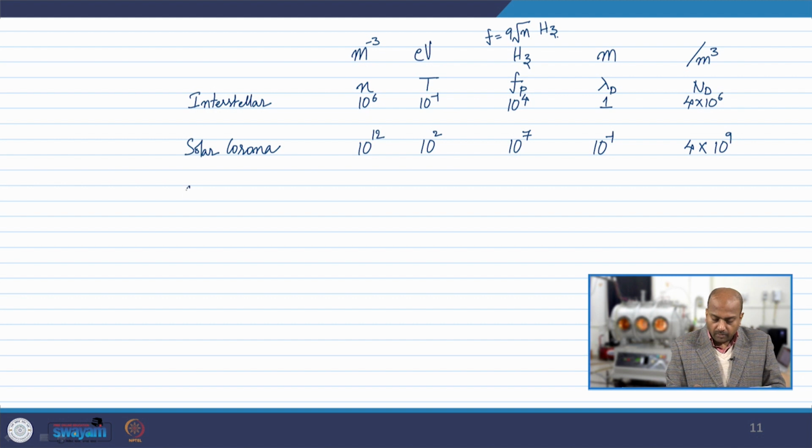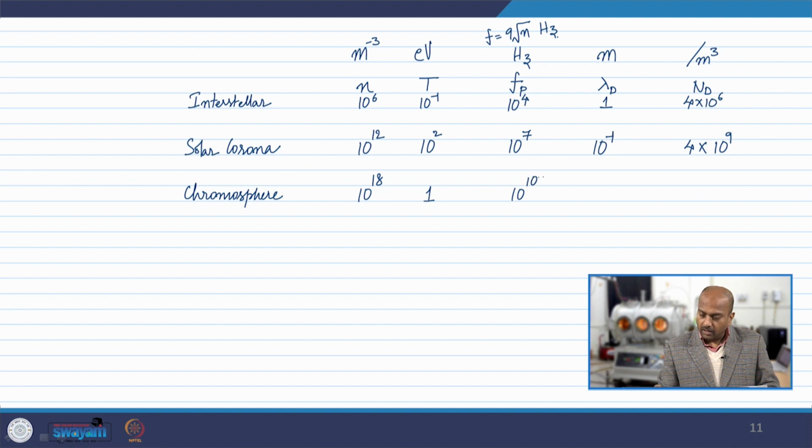And then you have chromosphere. The density is very high, 10 to the power of 18. The electron temperature is 1, 10 to the power of 10 will be the plasma frequency in hertz, and 7 times 10 to the power of minus 6 meters is the Debye length, and it will be 1.4 times 10 to the power of 3 per meter cube, the plasma parameter.